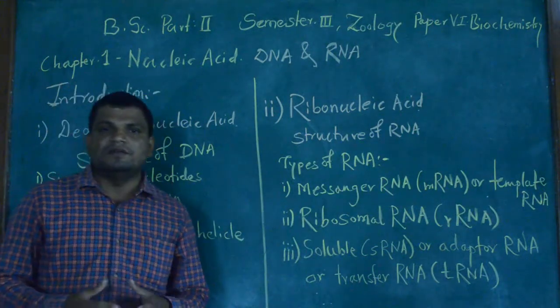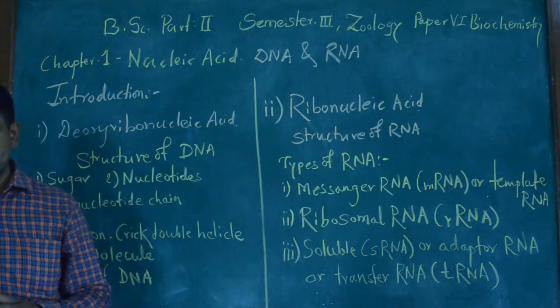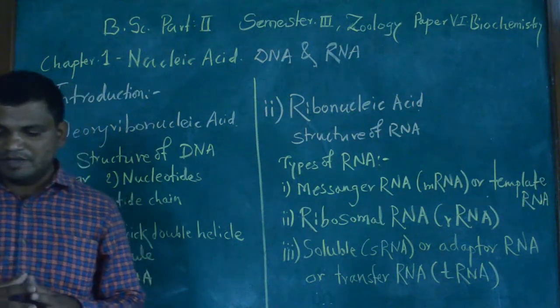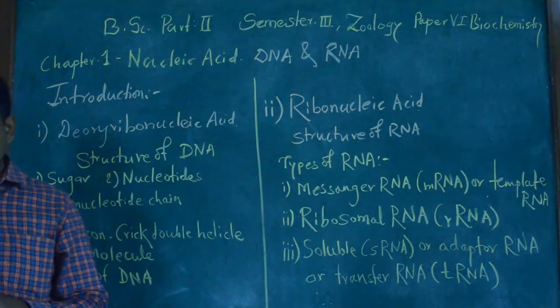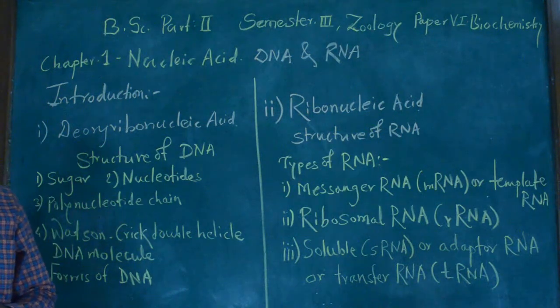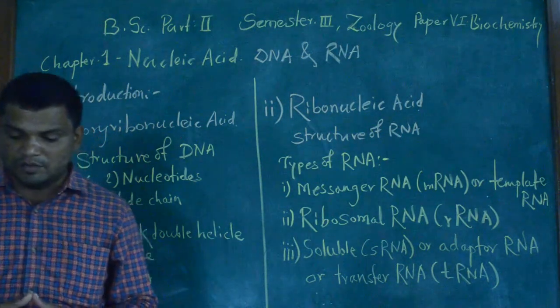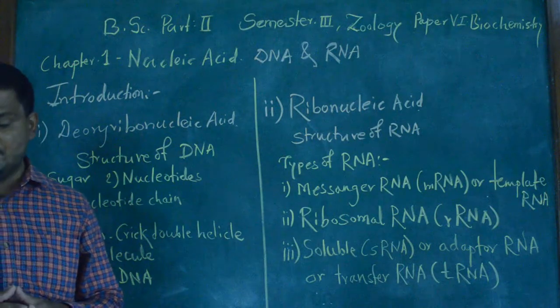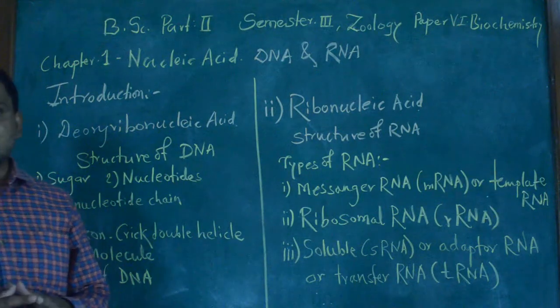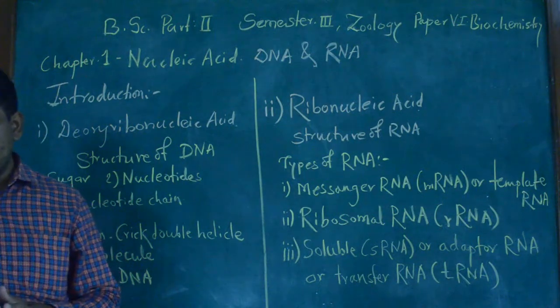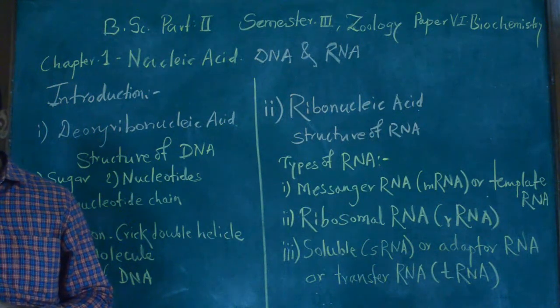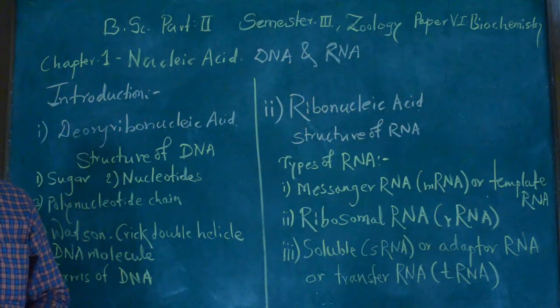So here we will consider the difference between DNA and RNA. DNA consists of a large number of nucleotides, up to 4.3 million, and RNA consists of about 12,000 nucleotides.